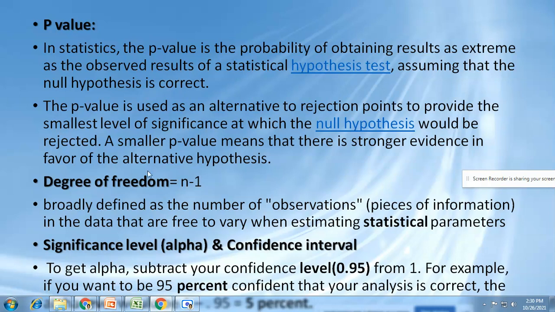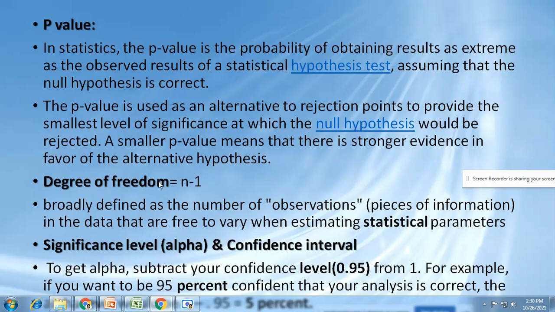So we just spoke about the p-value. Okay, in p-value we always see that our p-value should be less than 0.05. So that is nothing but the significance level. 0.05 is our significance level, that is called alpha. Okay, and the remaining part, that is 95%, 0.95, is our confidence interval.